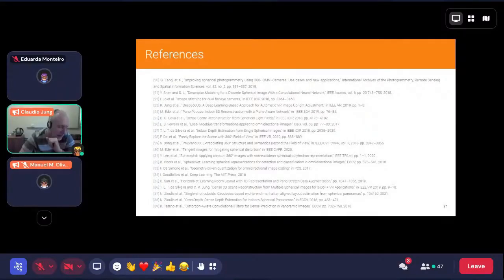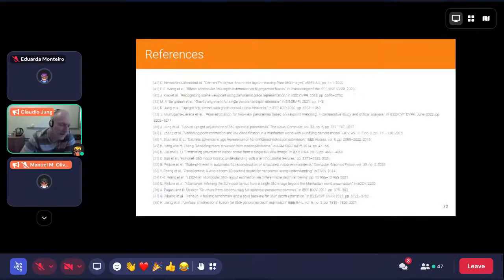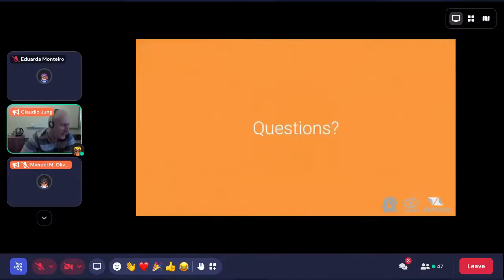If you take a look at image processing and vision conferences such as ICIP, CVPR, ICCV, ECCV, you're going to see several papers that either present a new method or a new data set for panoramas.